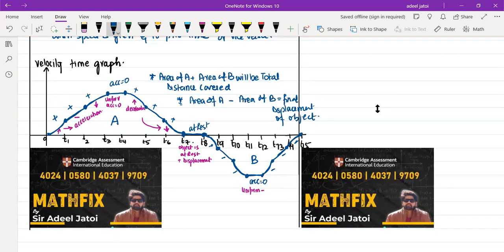So area of A plus area of B is the total distance covered, whereas area of A minus area of B is the final displacement of the object.